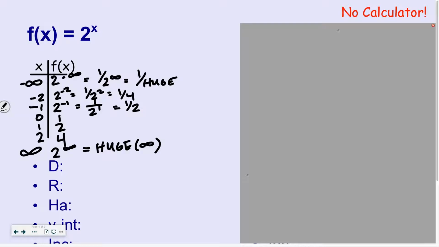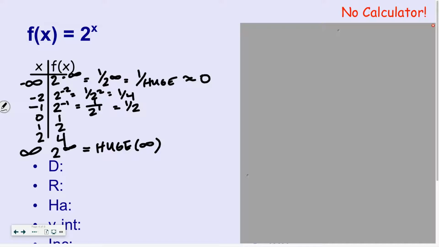I'm using just regular people talk, right? 1 over a huge number is almost 0. If I take a Snickers bar and cut it up into a million pieces and then offer you a piece of the Snickers bar, are you very pleased with me? No, you might not even see what I'm offering you. Okay? So essentially we could say at some point it's really 0, but theoretically in math it's never actually going to be 0, right? 1 over something is still something, not nothing.